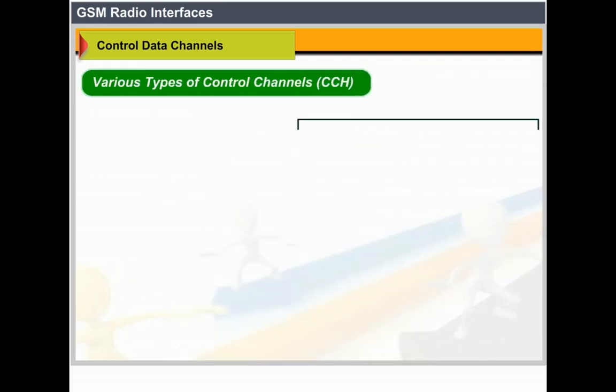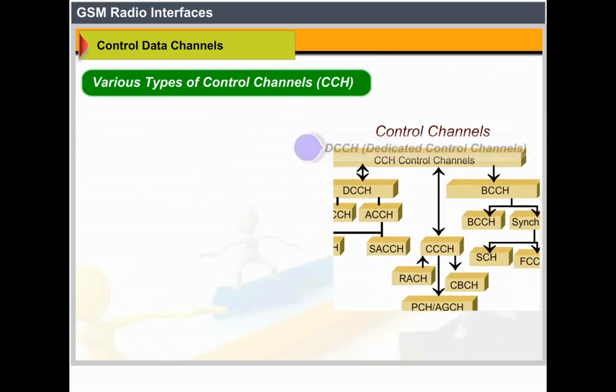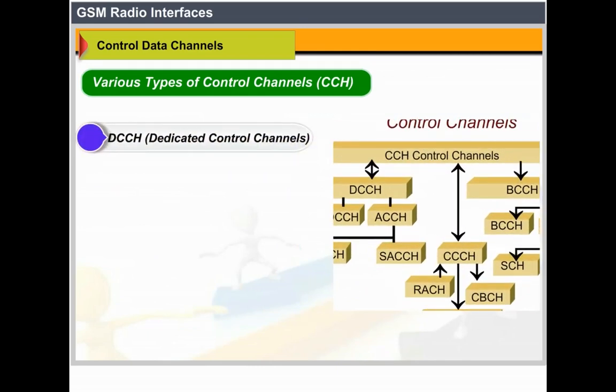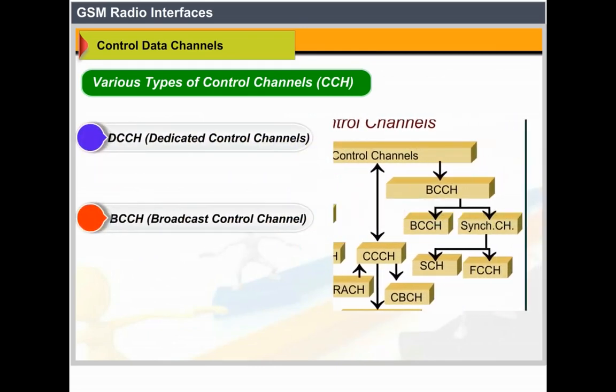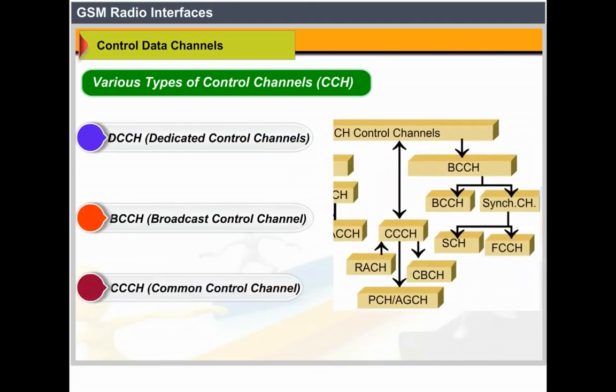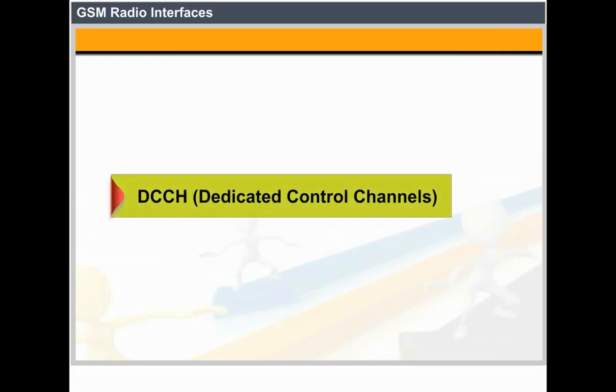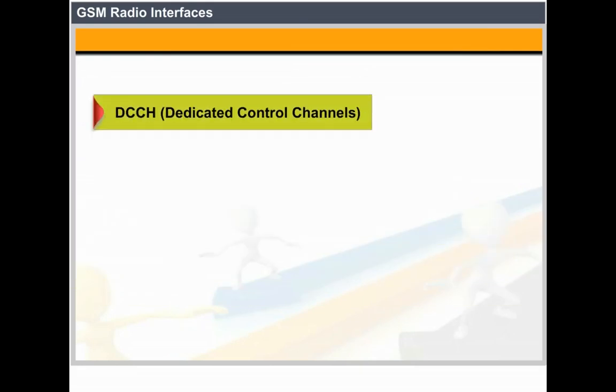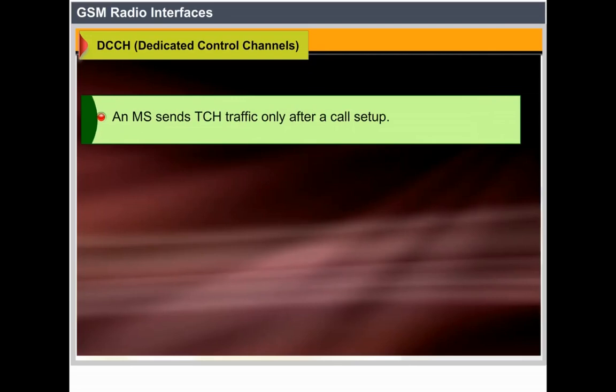Various types of control channels: DCCH, dedicated control channels; BCCH, broadcast control channel; CCCH, common control channel. DCCH, dedicated control channels. An MS sends TCH traffic only after a call setup.